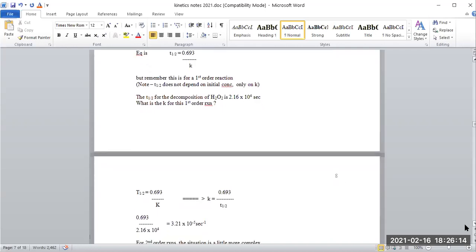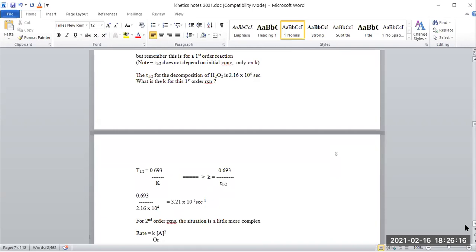Put it back in your equation. T1/2 I know. 0.693 doesn't ever change. That's a fixed value. Do your algebra. That means my k value is 3.21 times 10 to the negative fifth. You can find your missing piece. Rules of algebra: if you have one equation, you can find one missing piece.